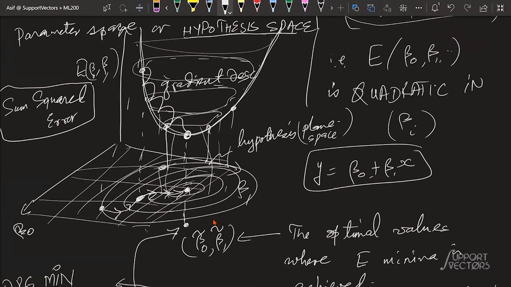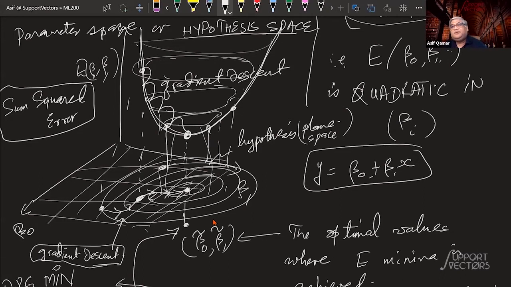Then is the argmin either very close to or just the irreducible error? No, not necessarily. Even when you reach the minima, you may have reducible as well as irreducible error.